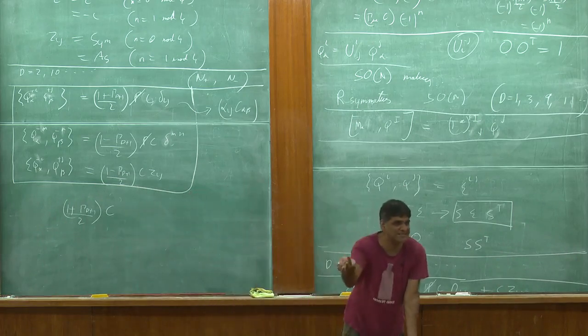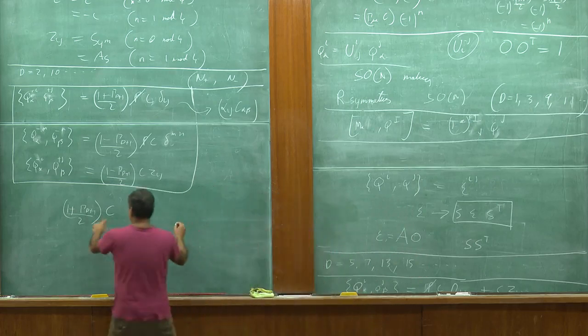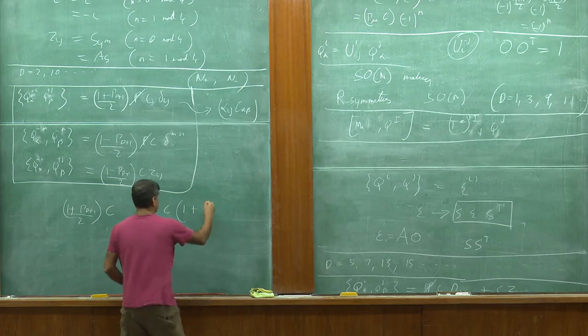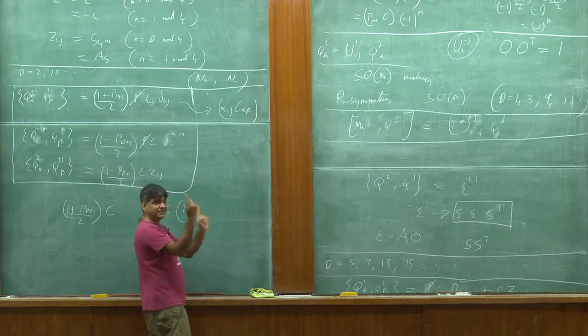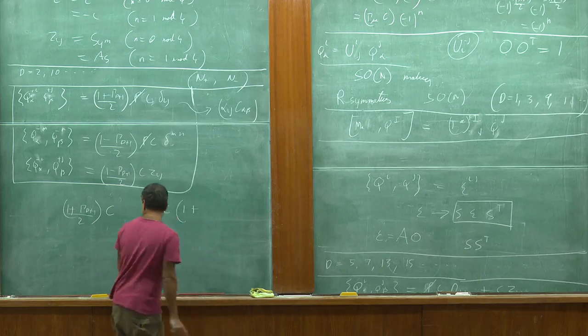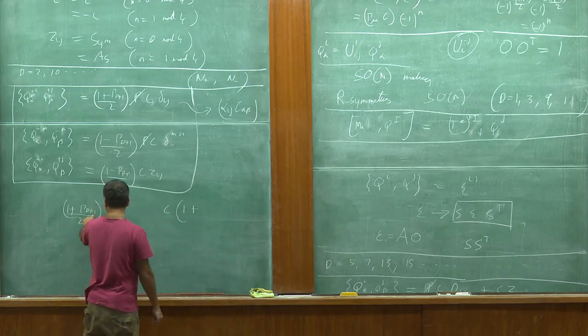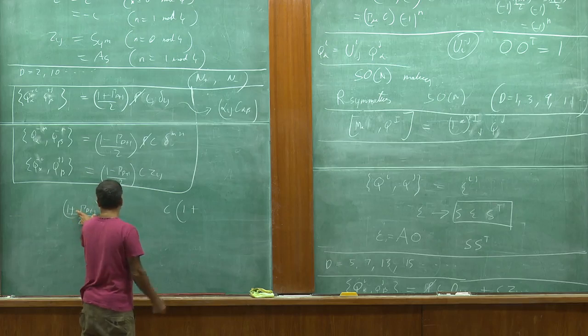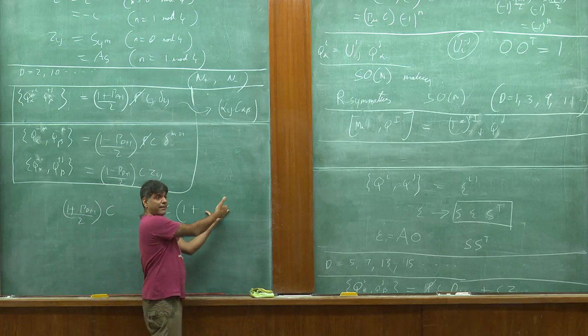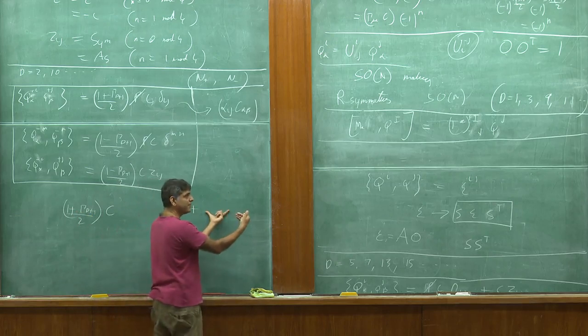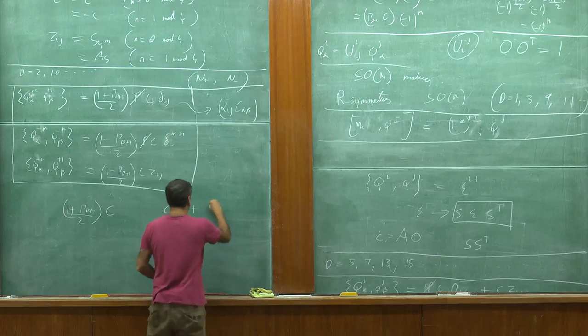So the phase cancels. So when I take the C through, this becomes C into 1 plus, and this quantity now has everything transposed. This quantity now has each gamma transposed in this kind of order, right?